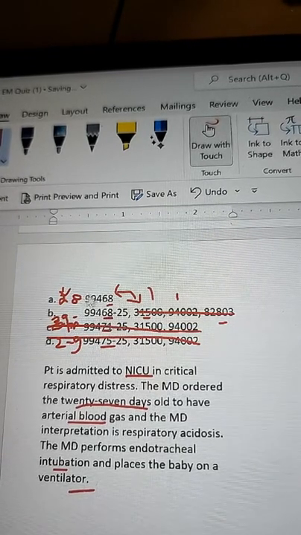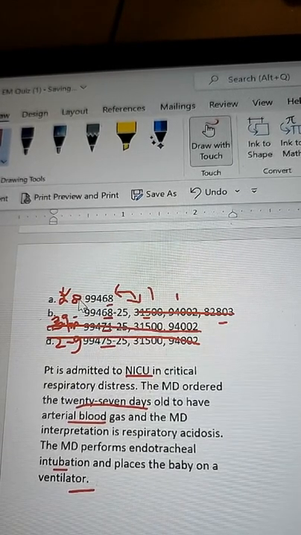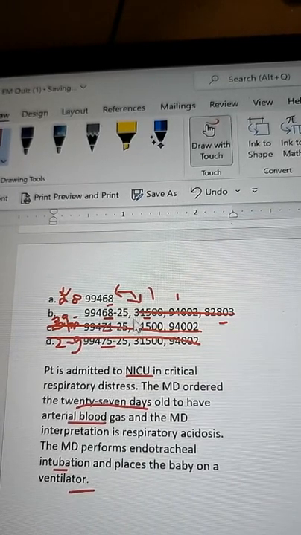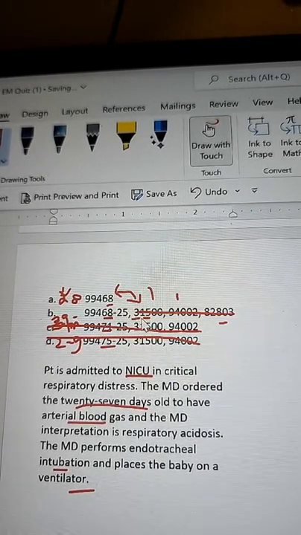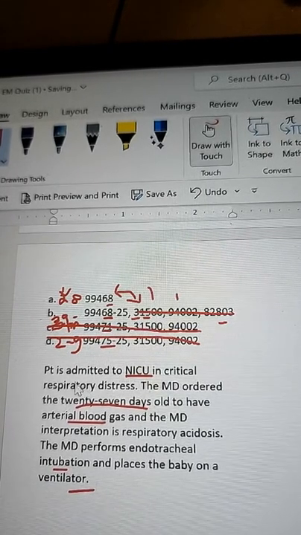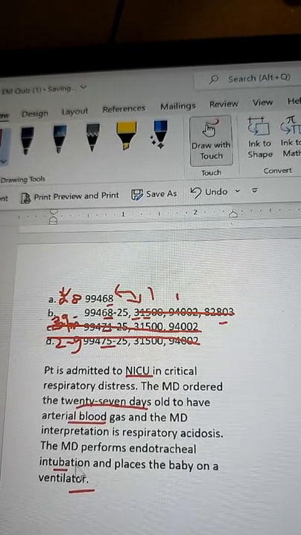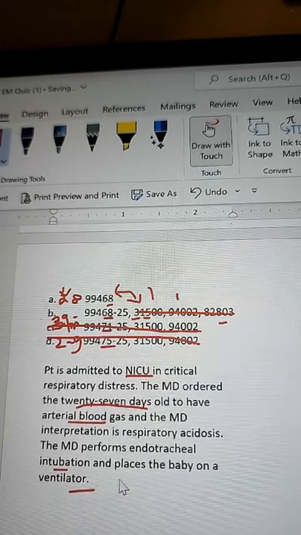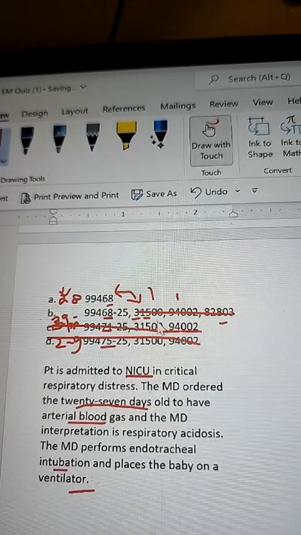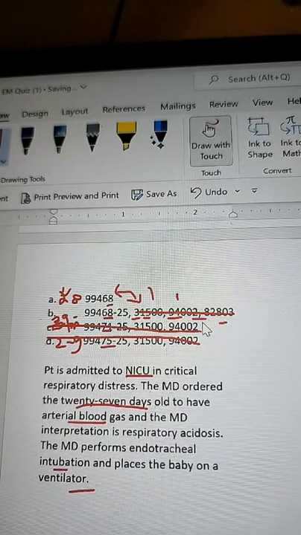Now, if the baby was born in a birthing center down in labor and delivery and they intubated there, you would definitely use that 41500 code according to the guideline. But since the baby was already admitted into NICU, and then once in NICU, they decided to intubate, put it on a ventilator, and draw blood, we're not going to nickel and dime them and bill for all that.